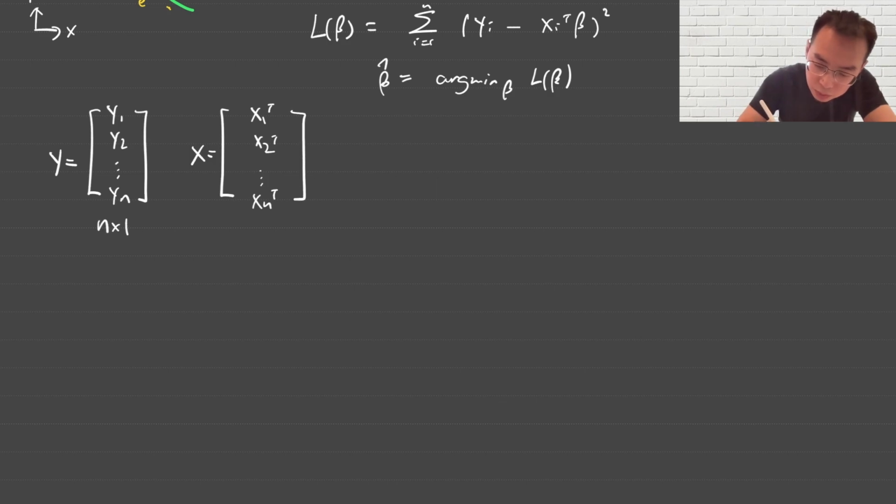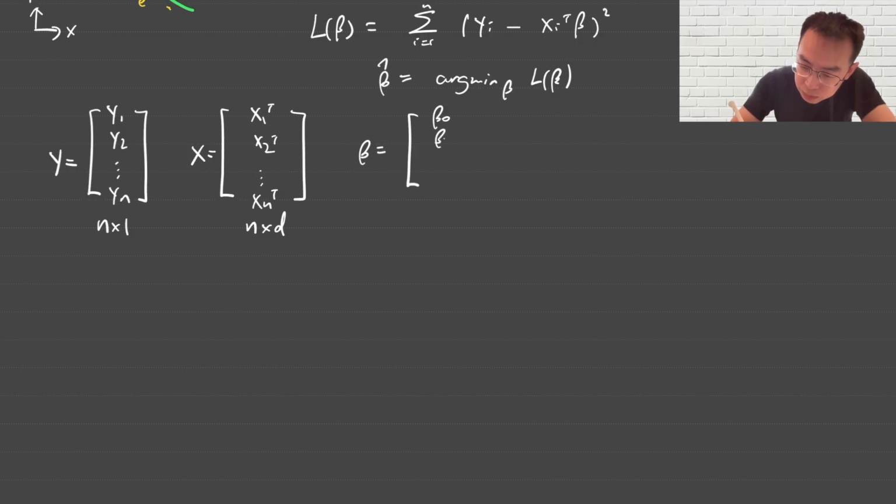So y is going to be an n by 1 vector. X is an n by d matrix. And then the beta vector is going to be beta 0, that's the intercept, beta 1 to beta d minus 1. That will be the d by 1 vector.